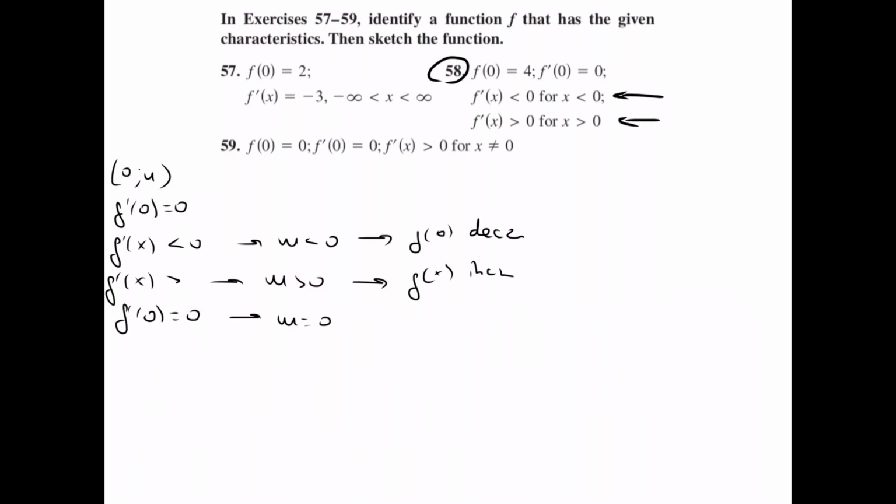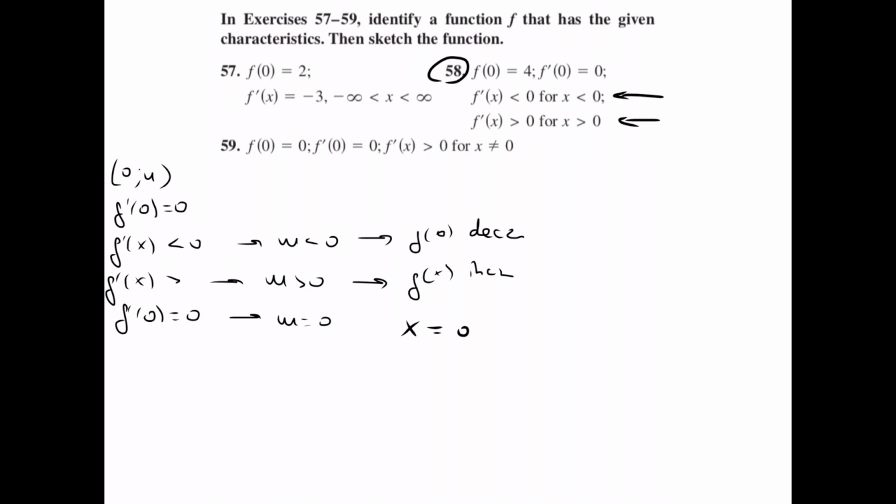Now, at x equals 0, the tangent to our function is parallel to the x-axis. We also know that for negative x, the first derivative is negative, which means again that the function decreases. And for positive x, f dash of x is positive, which means the function increases.